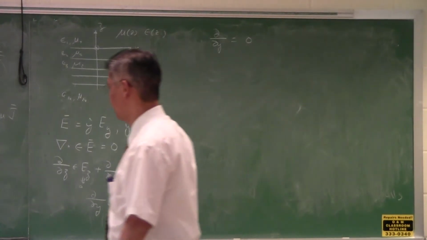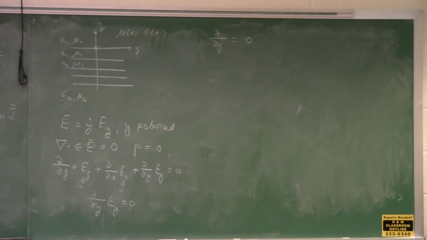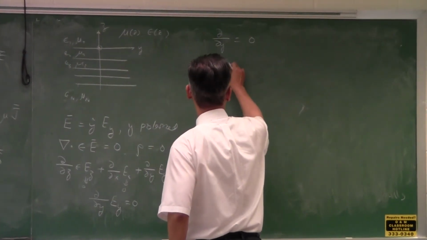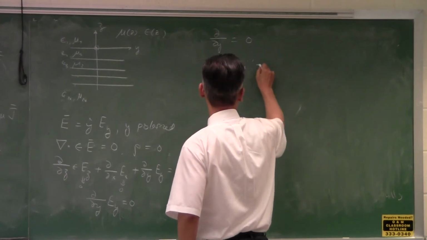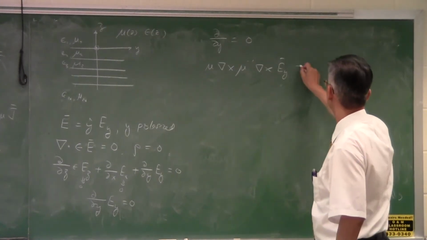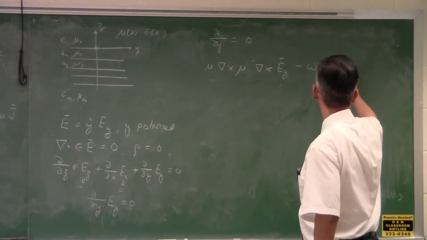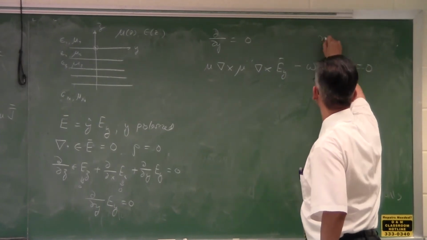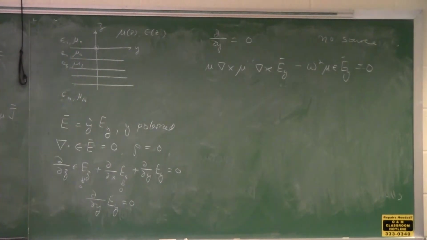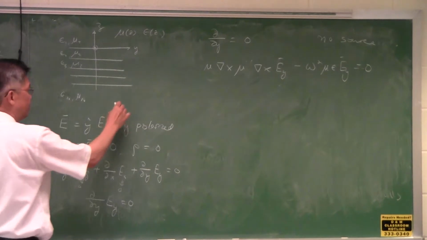If you look at this equation, you can simplify it to arrive at something somewhat simpler: mu curl of mu inverse curl of Ey, where Ey is only pointing in the y direction, minus omega squared mu epsilon Ey. Let's assume there's no source in this problem, because I'm just interested in studying a plane wave propagating through this medium.